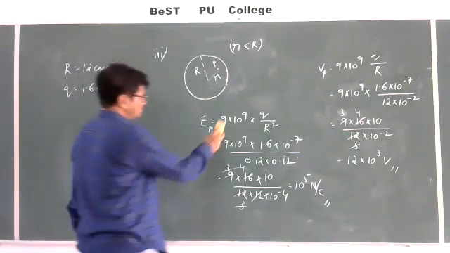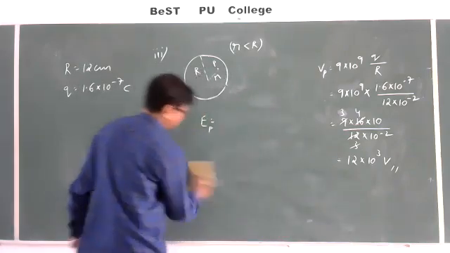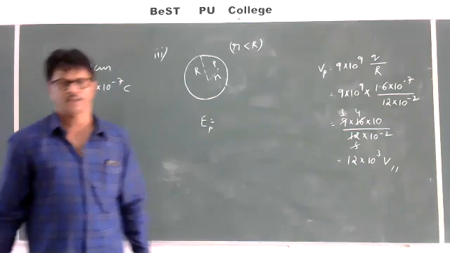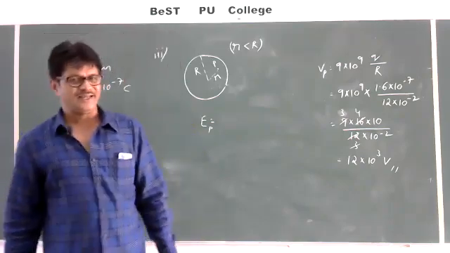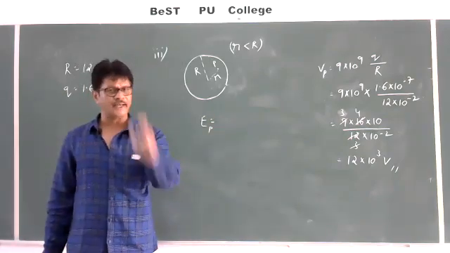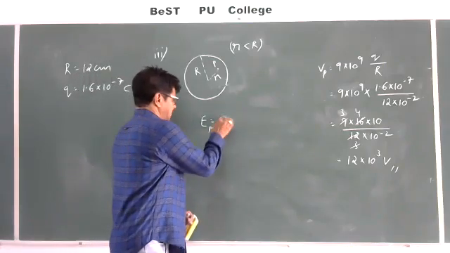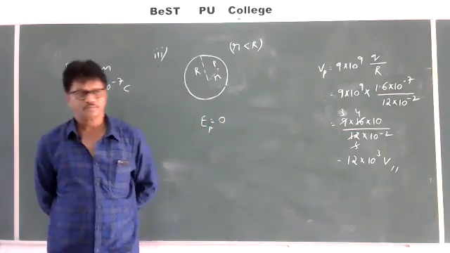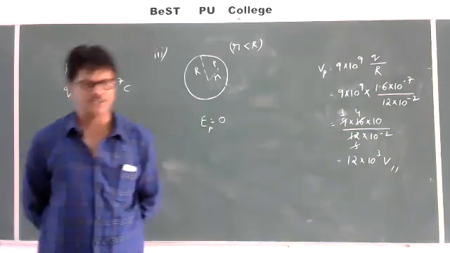Then as we know, inside the sphere the electric intensity is 0 according to Gauss theorem we derived. So inside the sphere, the electric intensity is 0.